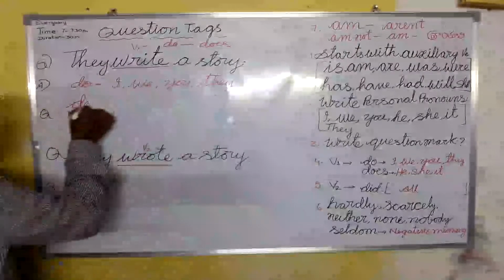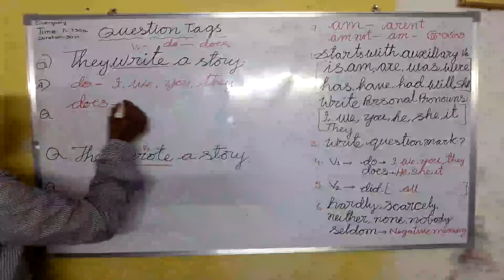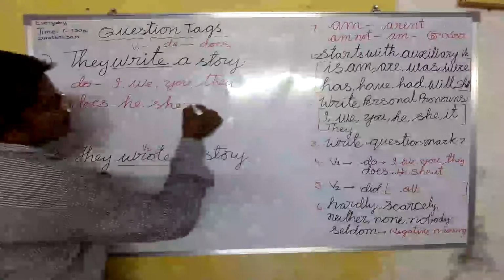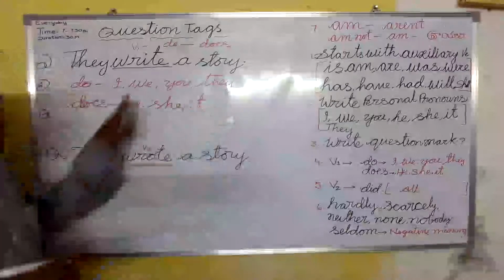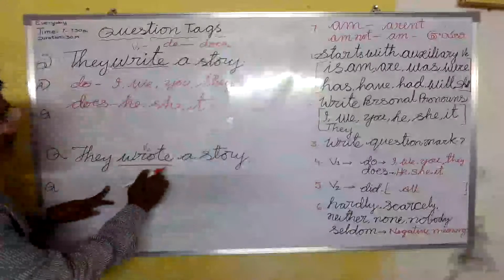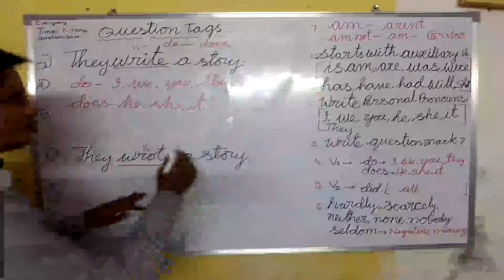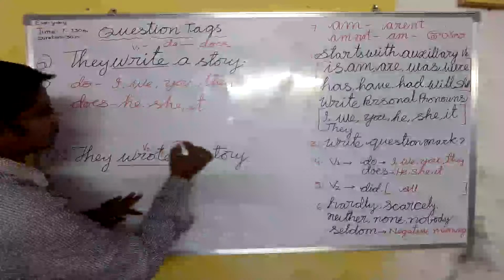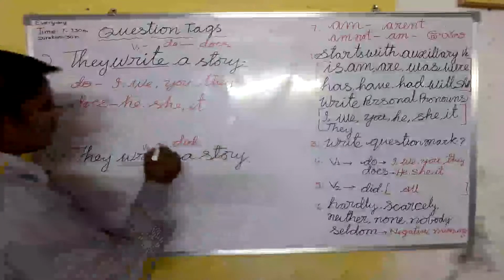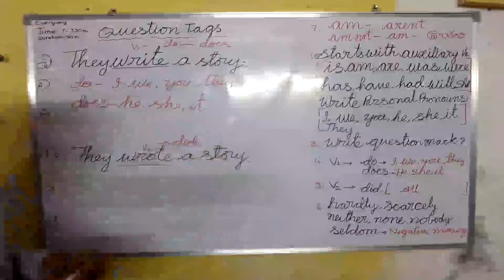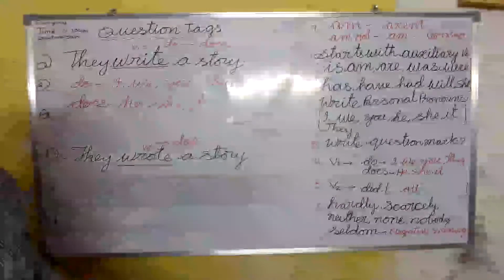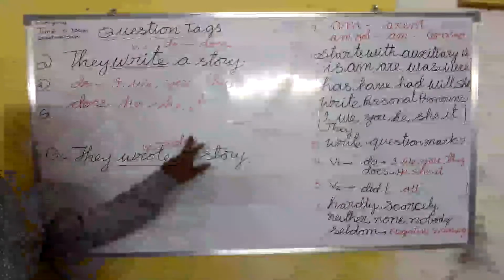When do you write does? When you observe he, she, it, then you have to write does. When you observe verb 2, you have to use did here.